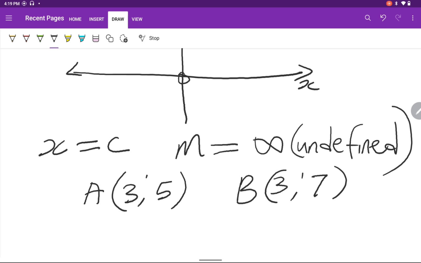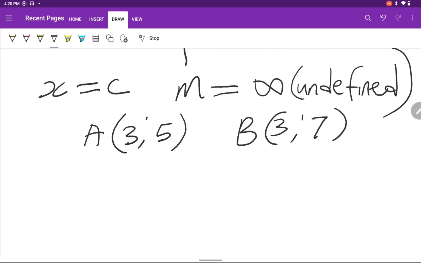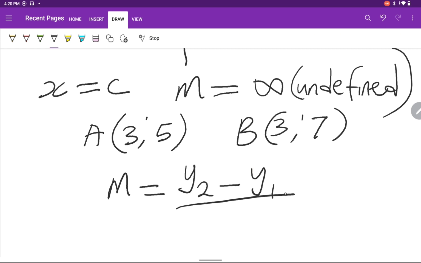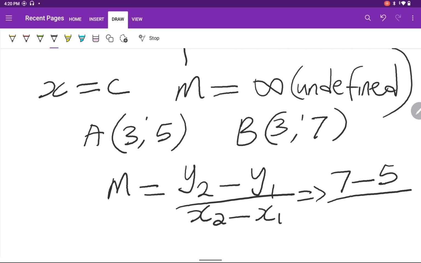The first thing that we do when we calculate the equation of a line is to get the gradient. From previous grades, we have learned that the gradient is y2 minus y1 over x2 minus x1. We can take any point to be 1 and any other point to be 2. Let's say B is point 2, so the y value there is 7, so we say 7 minus the y value here, which is 5, divided by x2, which is 3, minus 3.